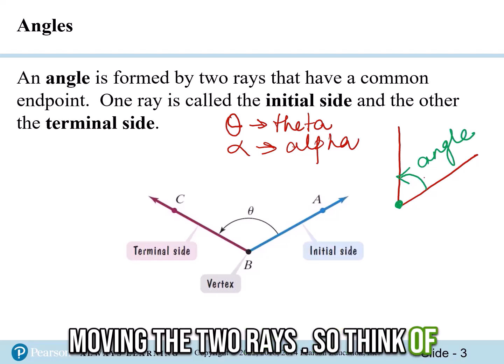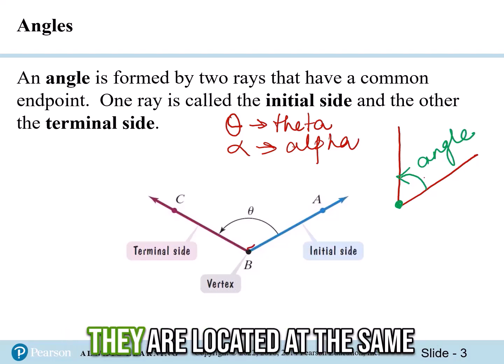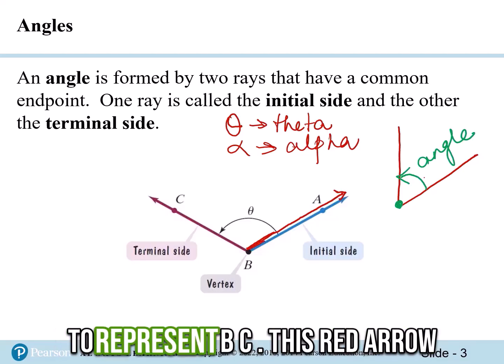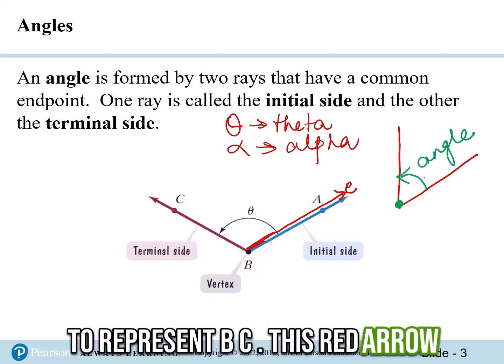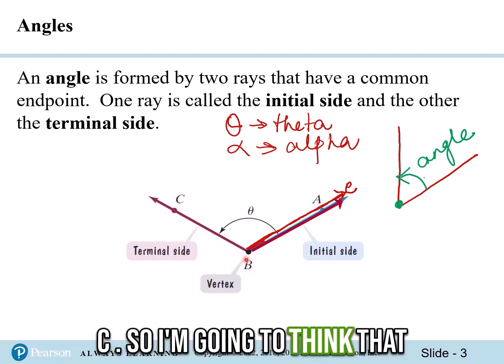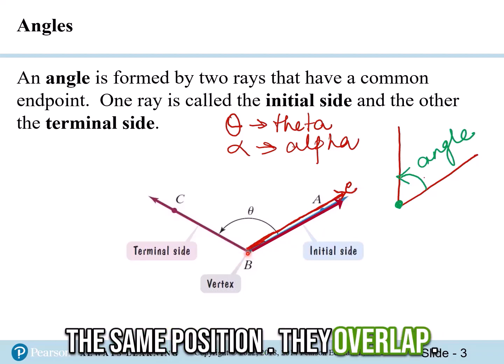So think of the angle being created by moving the two rays. Think of initially BC and AB overlapping. They are located at the same position. So I'm going to draw a ray to represent BC. This red arrow that I just drew represents BC. So I'm going to think that initially AB and BC are located at the same position. They overlap.